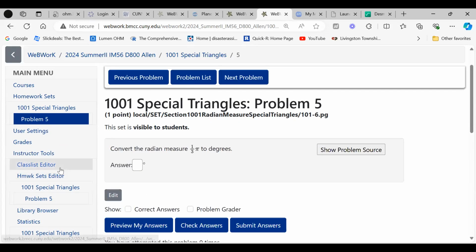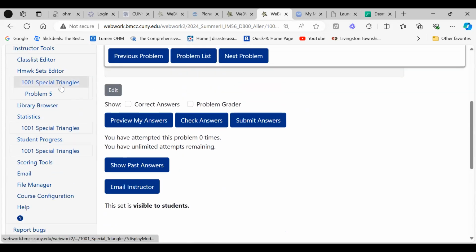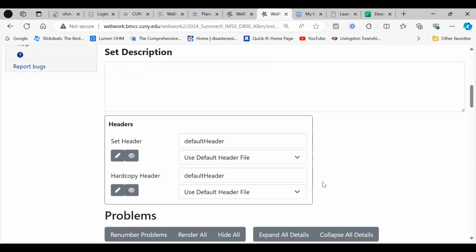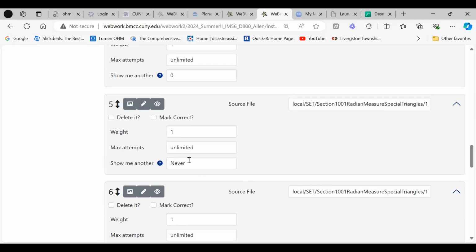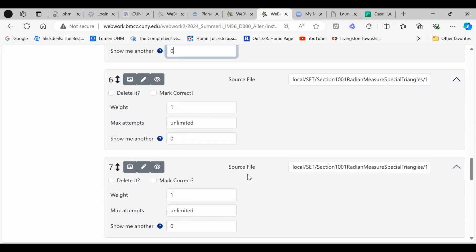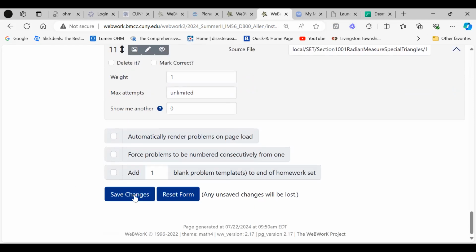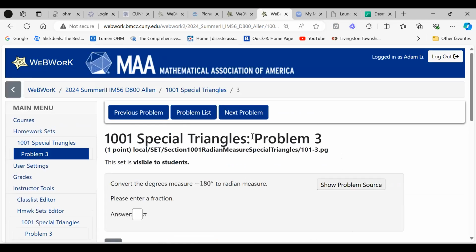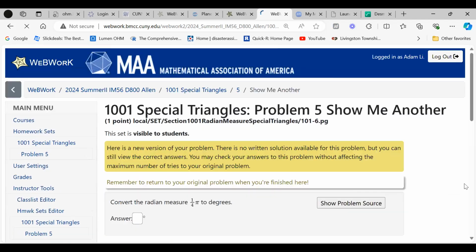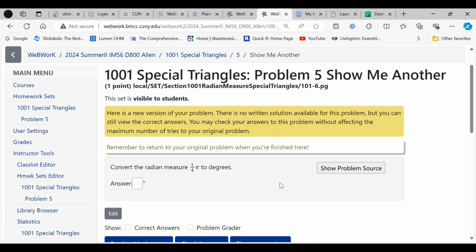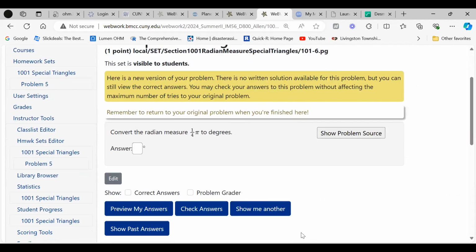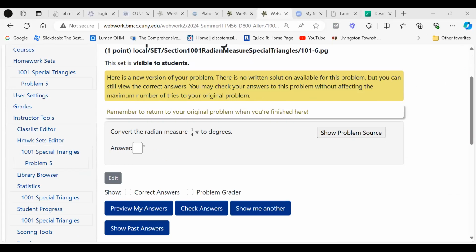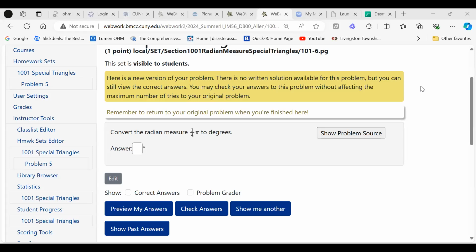I probably forgot to change that. So that's question 5. Anytime you're converting the radian measurement to degree measurement, you just replace pi with 180 degrees, that's all. So that's a much quicker process.